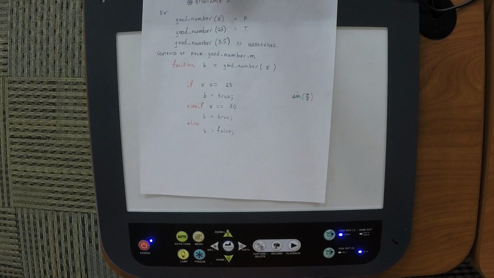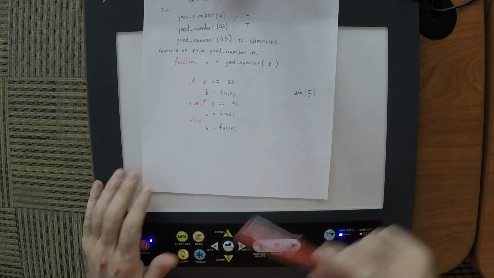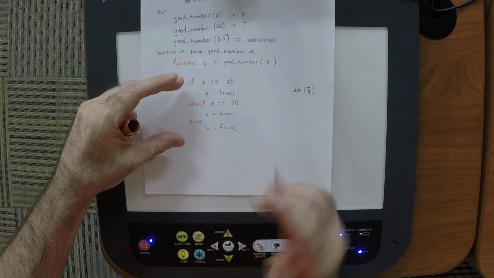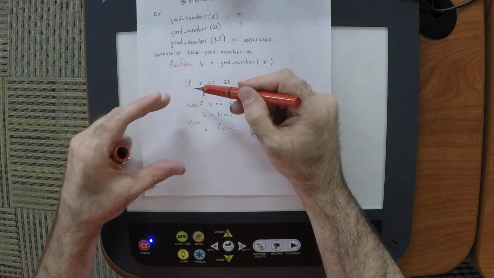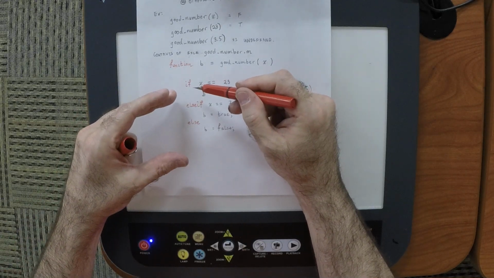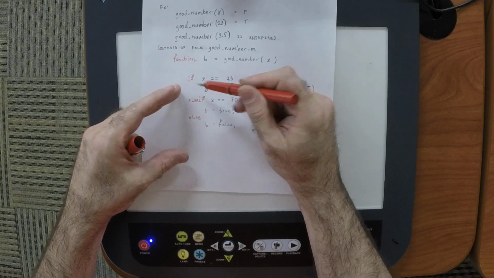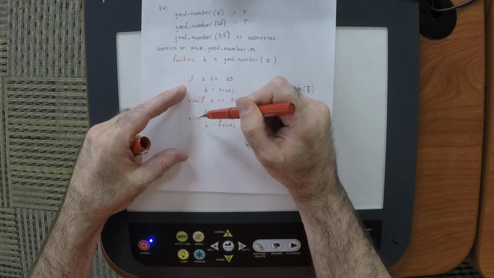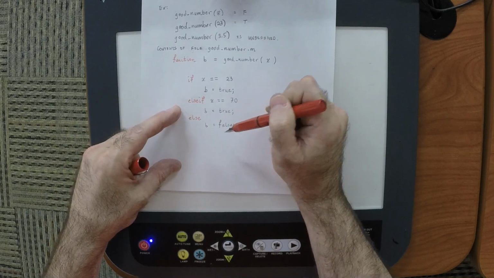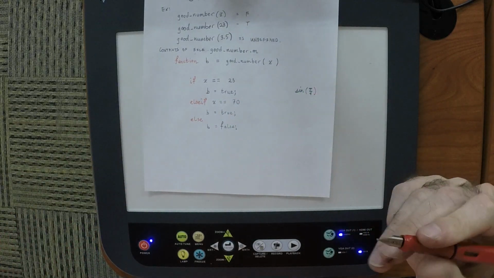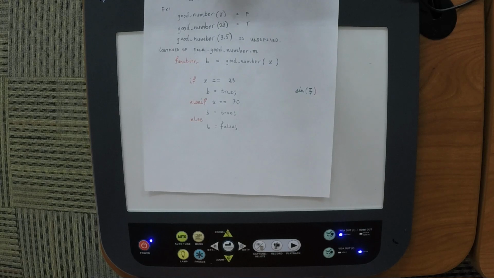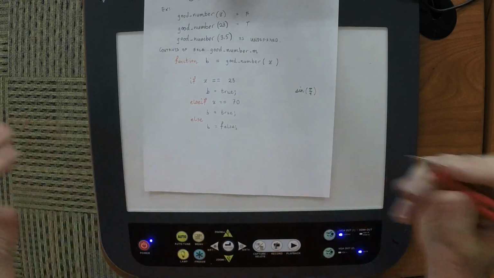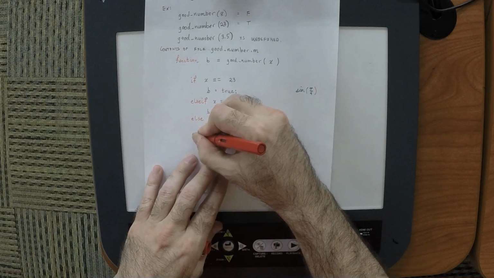Something is missing. What's missing? Ends, right? So in MATLAB, for example, this is a syntactic construction: if that, do this, elseif that, do this, otherwise unconditionally do this. And now we have to say that we are finished with the if syntax. How do you say it? End.